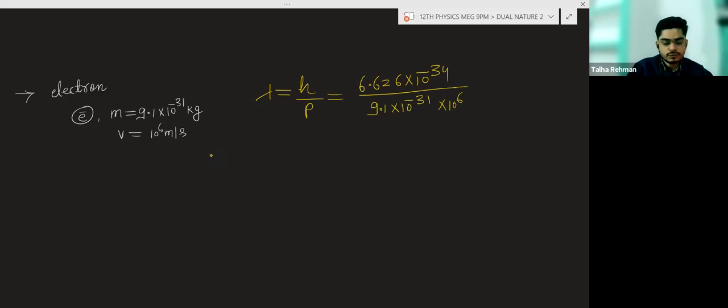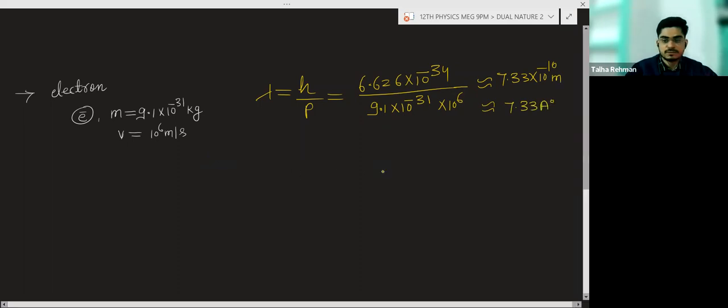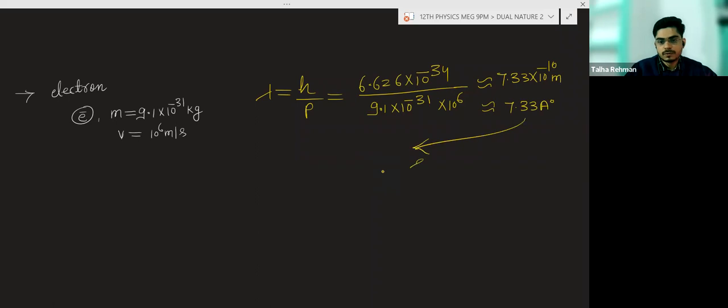So this value will be approximately 7.33 into 10 to the power minus 10 meter, which is approximately 7.33 angstrom. Now this wavelength is significant.